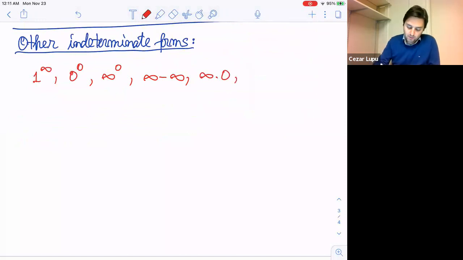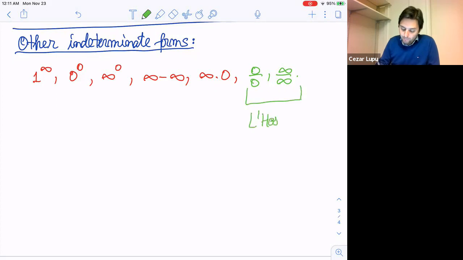And of course, the other two that we mentioned, 0 over 0 and infinity over infinity. So these are all indeterminate forms. You have seen that these two, we will deal with using L'Hopital rule. But what about the others? You see, there are a bunch of them. 1, 2, 3, 4, 5, 6, 7. 7 of them.